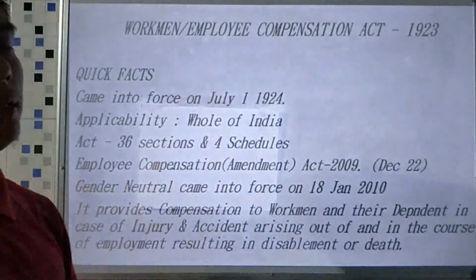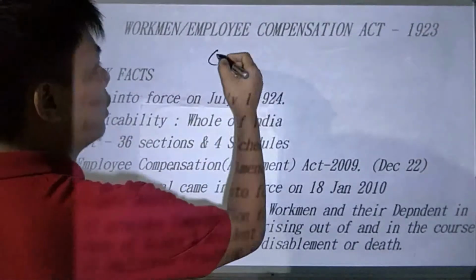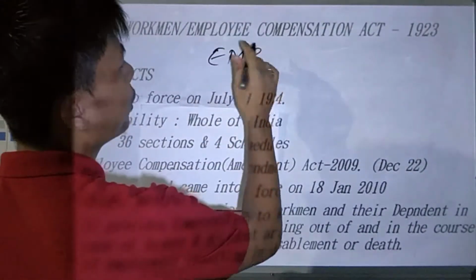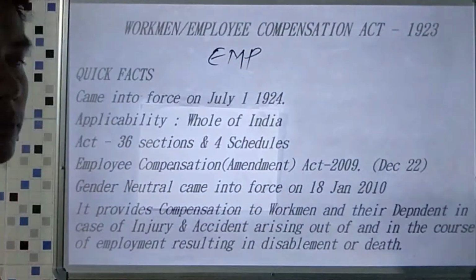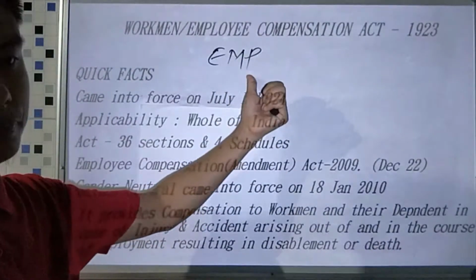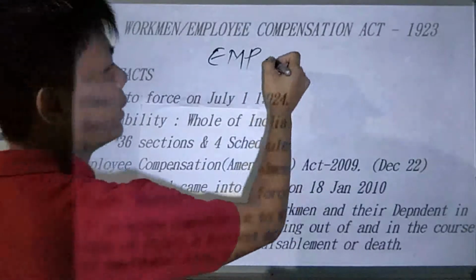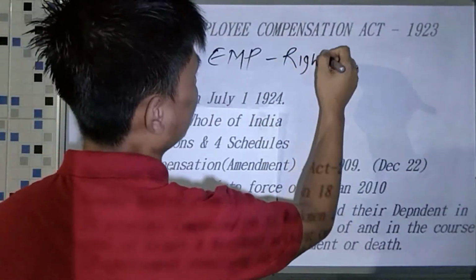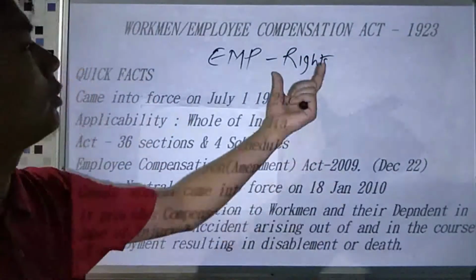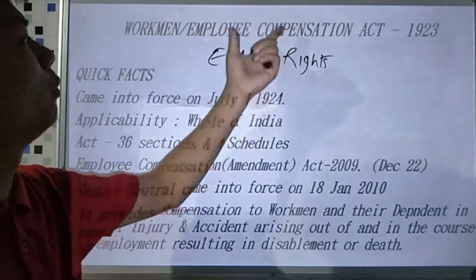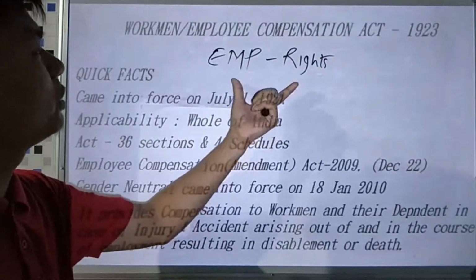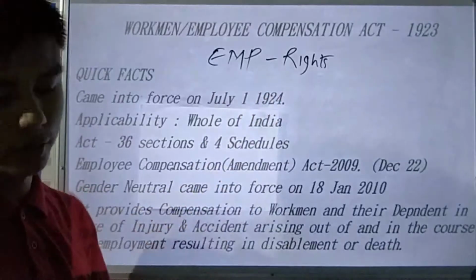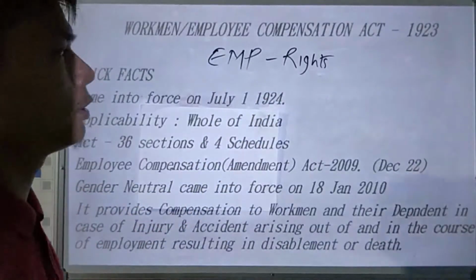If I am an employer, of course I need to know it. If I am an employee, what are my rights? I will get to know what compensation I will be paid. It's not necessary that you have to be an HR student.